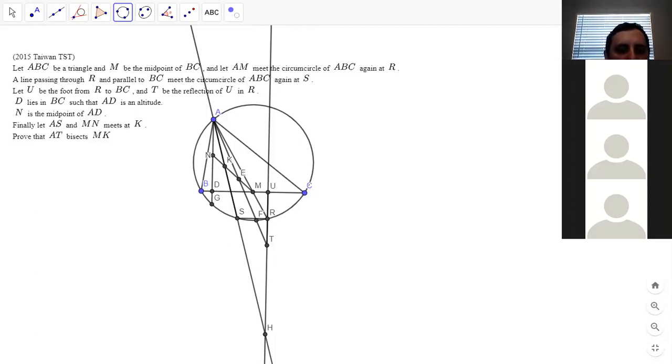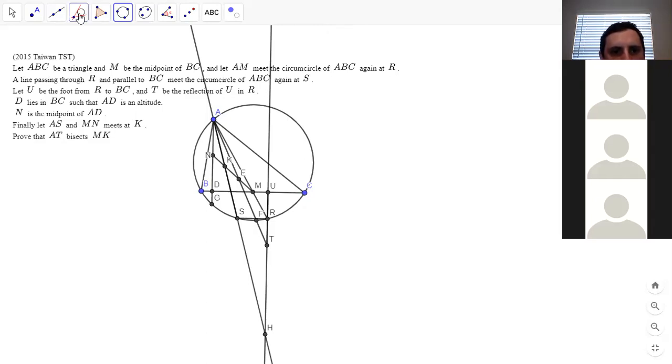I'm just not sure how to do it. So RT over RH is the same as RU over RH. I wonder if R is the orthocenter of BCH.